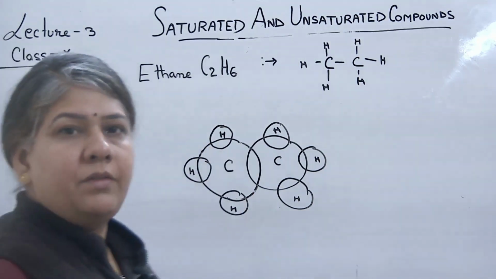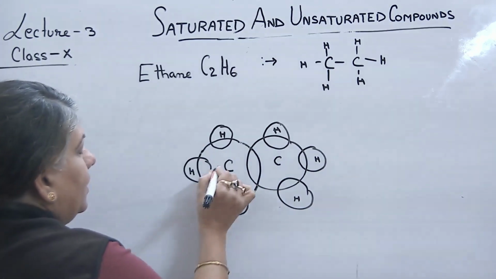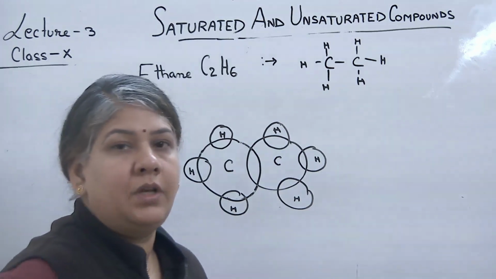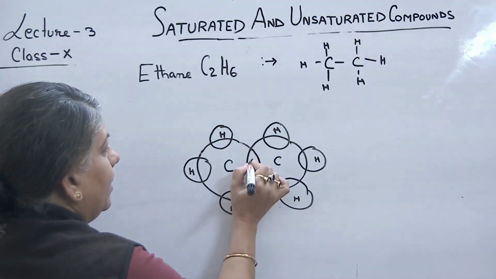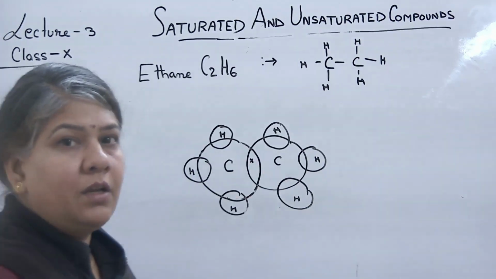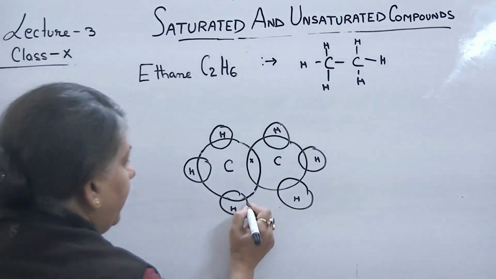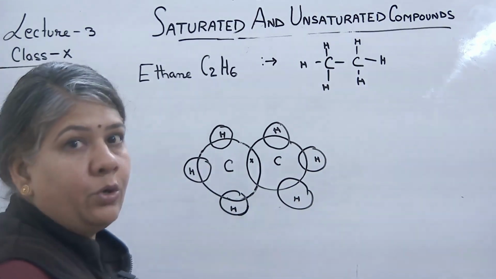See, if we represent carbon by a cross, carbon is tetravalent, that is, it has 4 electrons in its outermost shell which will participate in bonding. This we already discussed in how covalent bonds are formed, so you can refer to lecture number 2.